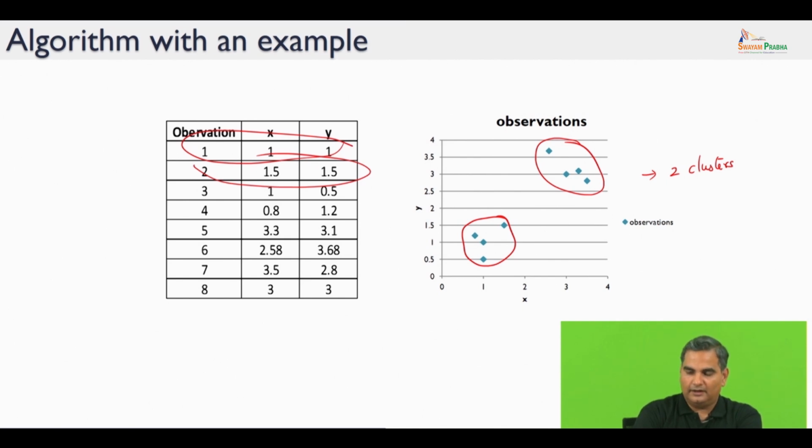We know ultimately there are going to be 2 clusters, so we are going to start off 2 cluster centers in some random location. That's the first thing that we are going to do. You could start off 2 clusters somewhere here and here, or you could pick some points in the data itself to start these 2 clusters.